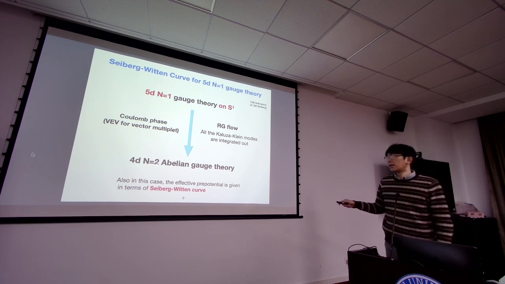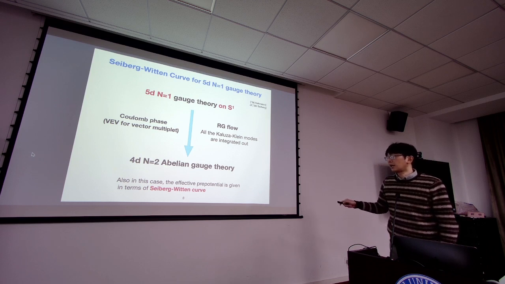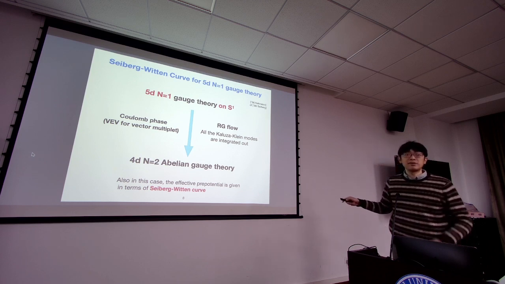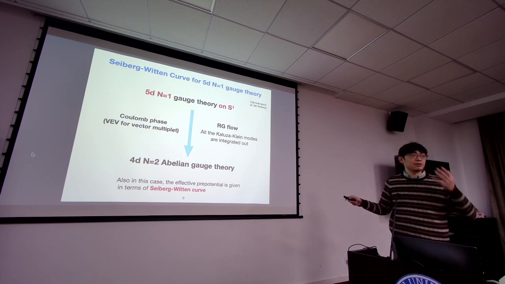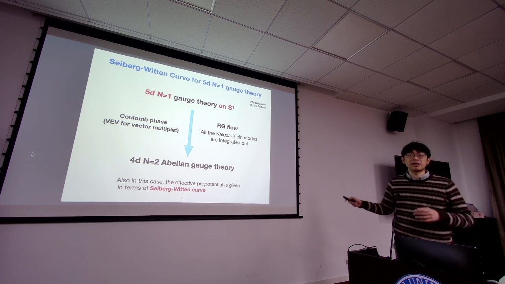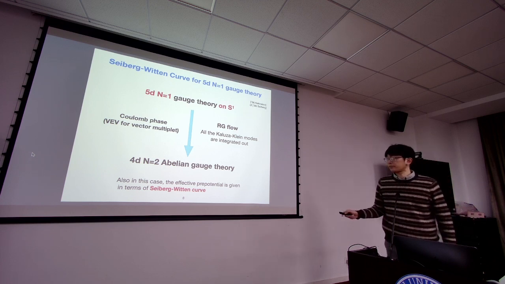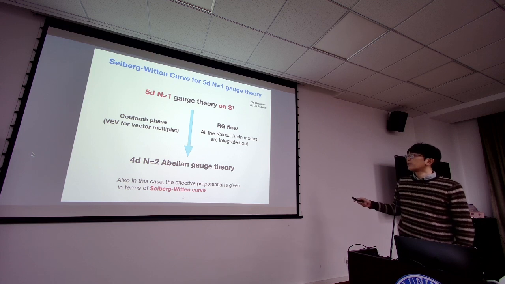So, for example, the effective coupling of this 4D abelian gauge theory should be determined by the input of the UV theory, like gauge coupling or mass or Coulomb phase and so on.